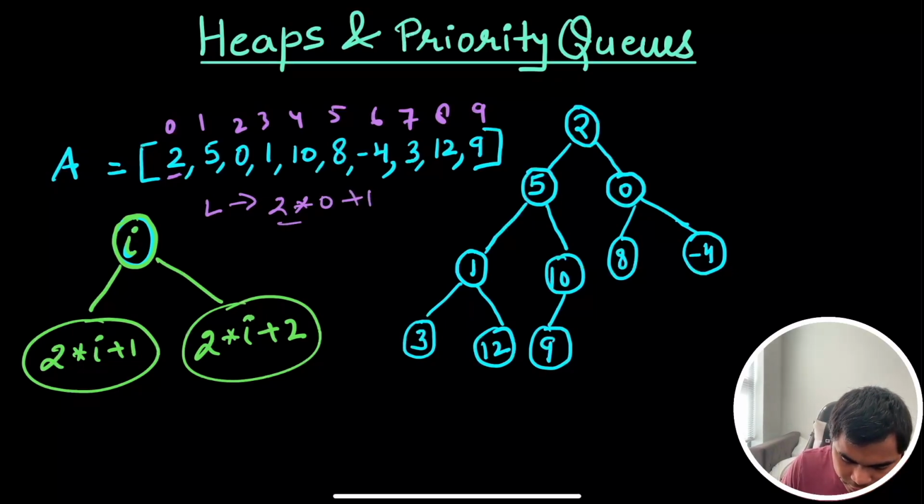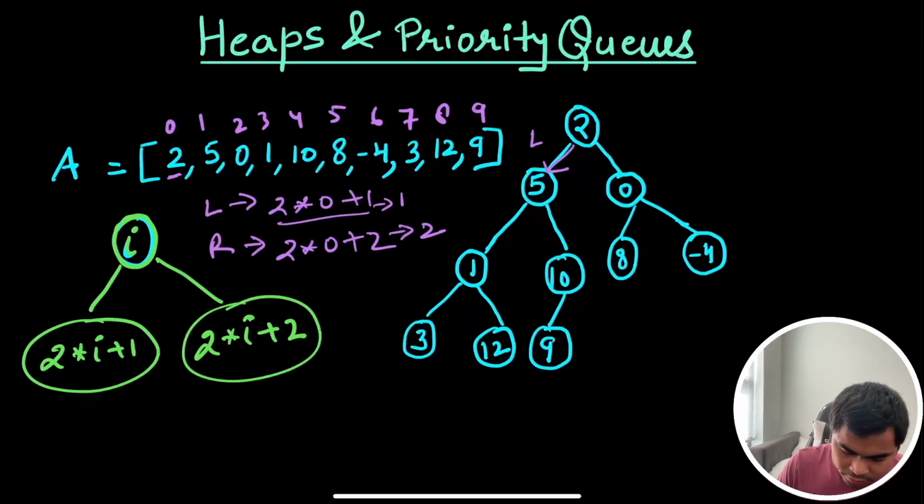That's the left child's position, which is 1. So at index 1, you can see 5 is the left child. Then let's calculate the right child. It's going to be 2 times 0 plus 2. That will give us 2. You can see that 0 is present at the second index. So this is my right child for my root.